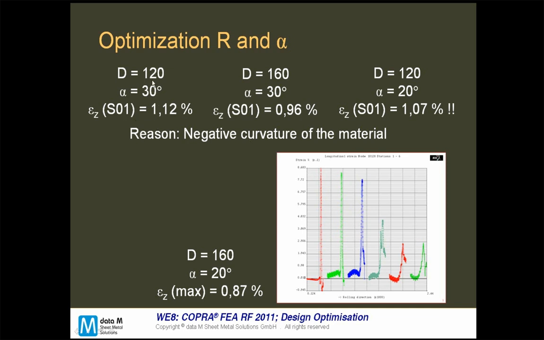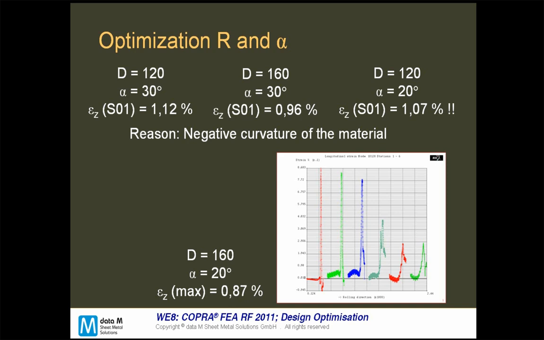with different parameters we get different longitudinal elongations. So logically, with the biggest roll diameter and the smallest work angle, we get the smallest longitudinal elongation. In this case, with 160 at 20 degrees, 0.7% longitudinal elongation.